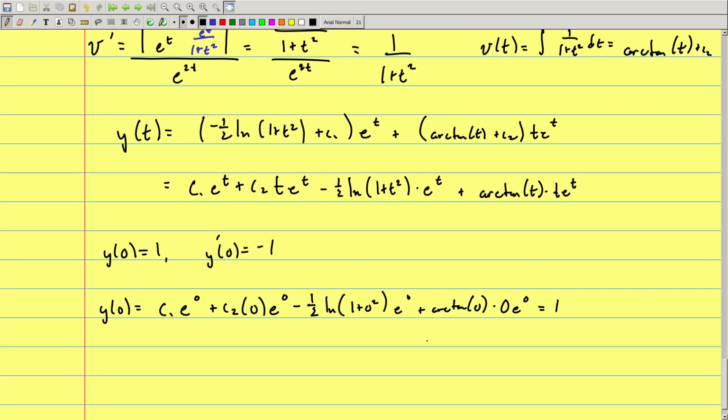We're pretty happy about this because this is 0, this is 0, this is 0. This one's 0 because the natural log of 1 is 0. So all of this together tells us that C1 has to be 1.